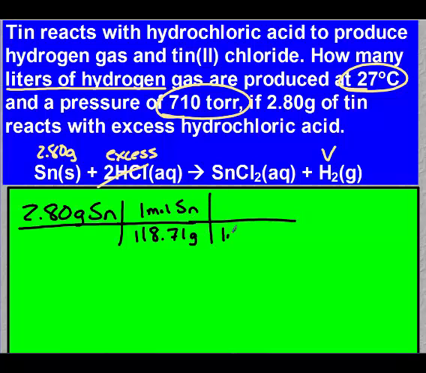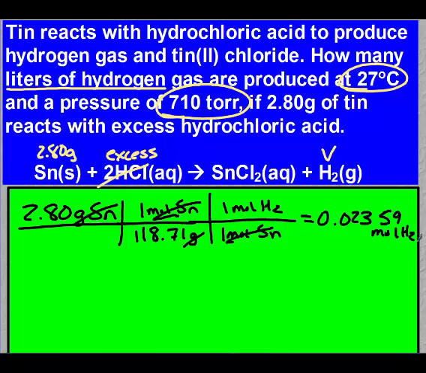And my mole to mole ratio, 1 mole of tin for every 1 mole of hydrogen. So 0.02359 moles of hydrogen. Don't round until the end.